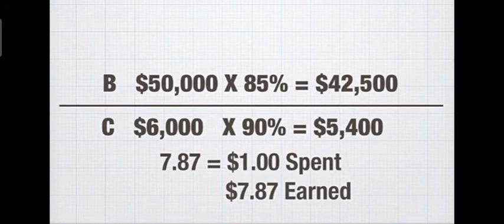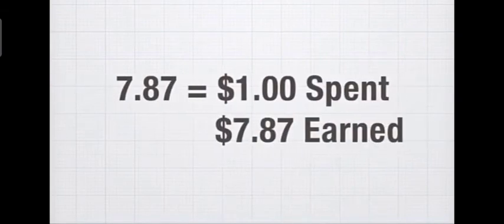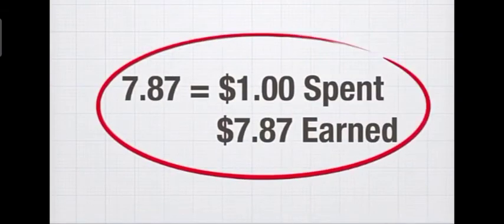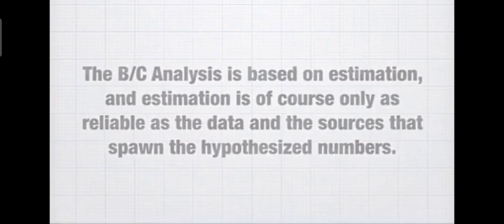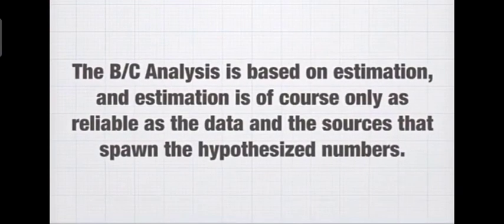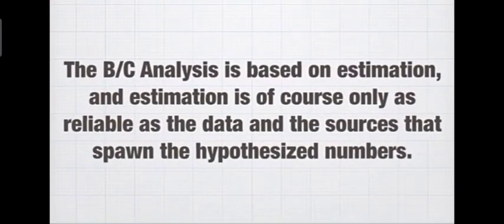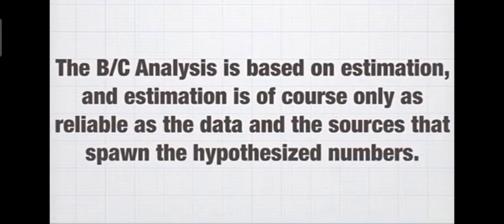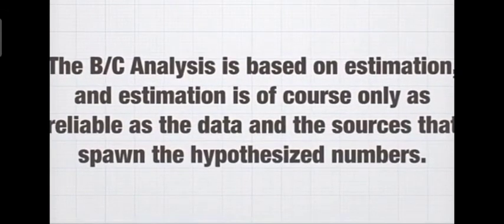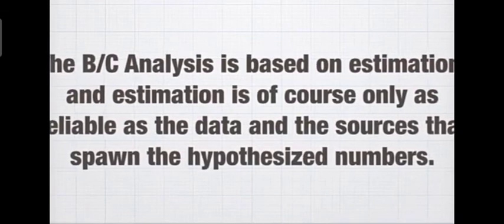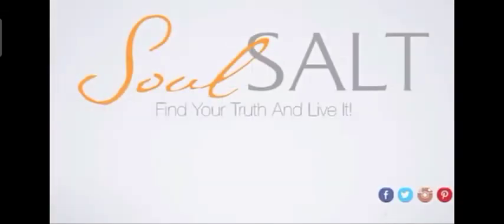The BC ratio is a quantitative estimate that helps us quickly see if our decision was sound or if our decision was folly. You'll quickly realize that the BC analysis is based on estimation, and estimation is, of course, only as reliable as the data and the sources that spawn the hypothesized numbers. Use the BC analysis as a back-of-envelope, informal means of checking out a decision's wisdom.